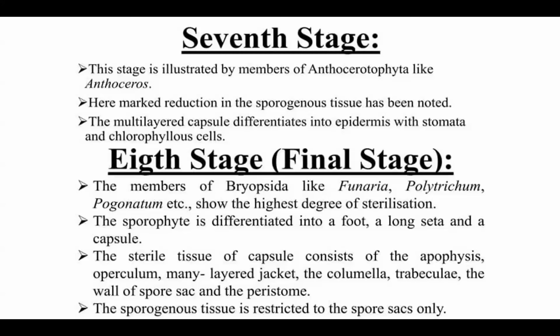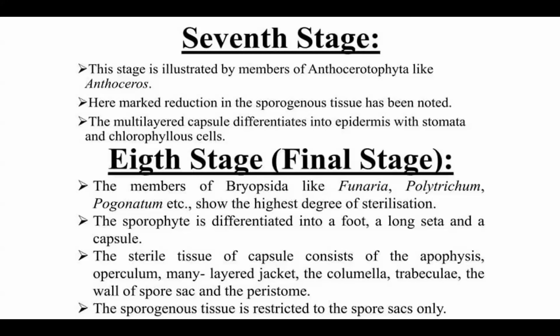Eighth stage, the final stage, that is the members of the Bryopsida like Funaria and Polytrichum show the highest degree of sterilization. The sporophyte is differentiated into foot, seta, and capsule. The sterile tissue of the capsule, the capsule itself is differentiated into different parts, that is apophysis, theca, and operculum.